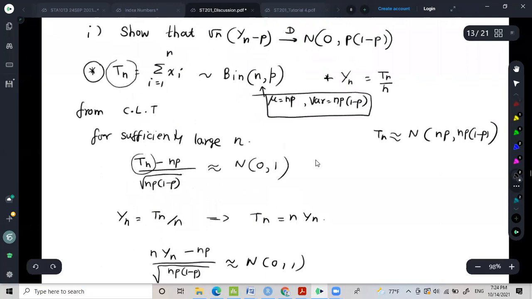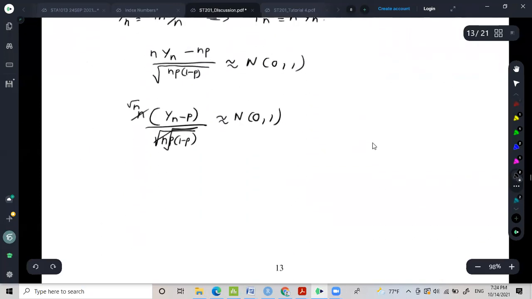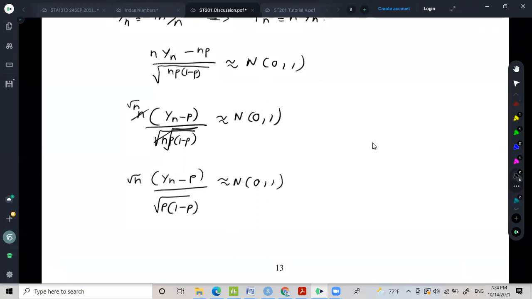So what do you have? Here we are getting closer. Now we get square root of n times (Yn minus p) over the square root of p(1 minus p). This is approximately standard normal. Then what can you do with this standardization? The standard deviation you can multiply to the right hand side. This is another nice trick.